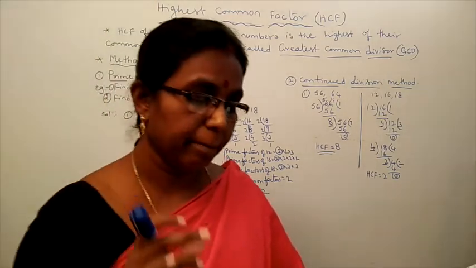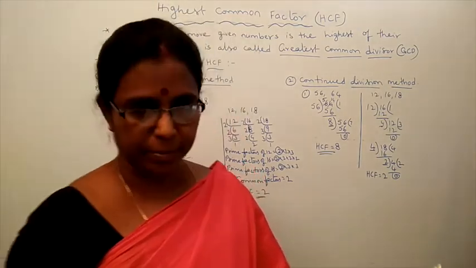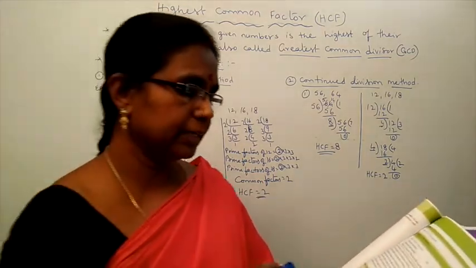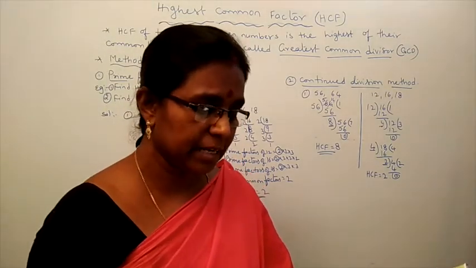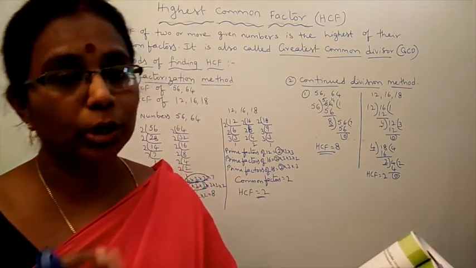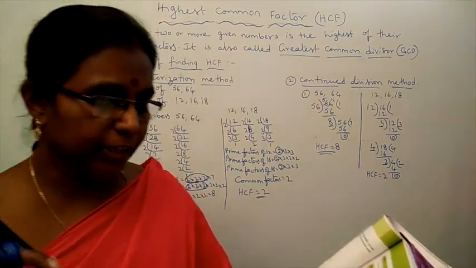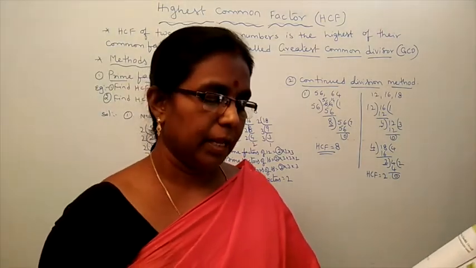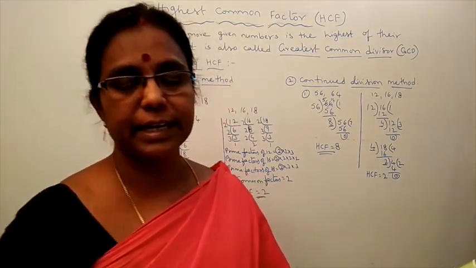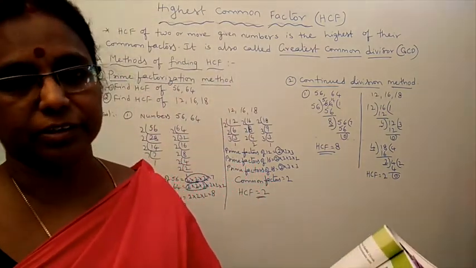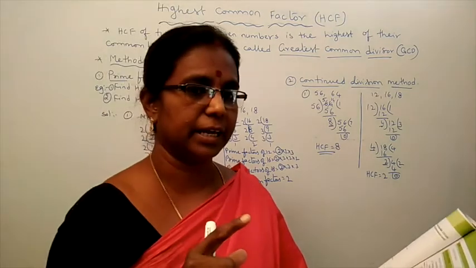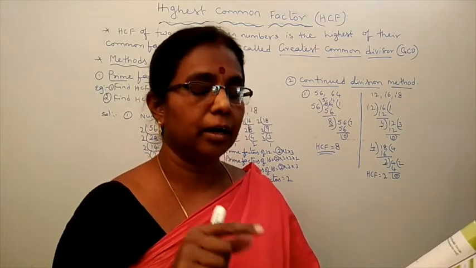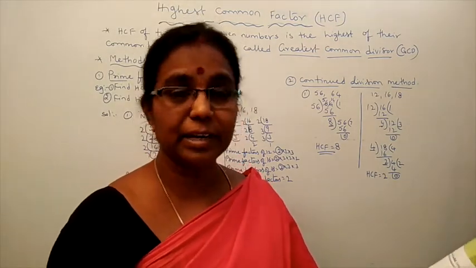It has to be measured an exact number of times. Suppose you take a 1 meter stick, then you can measure the length 12 times, the breadth 15 times, and the height 18 times, so nothing will be left. When you take a 1 meter stick, no measurement will be left.